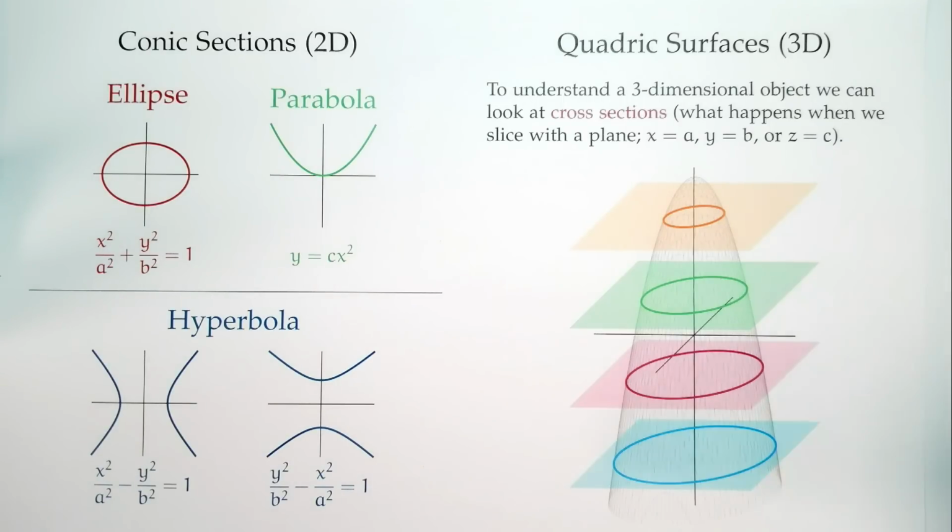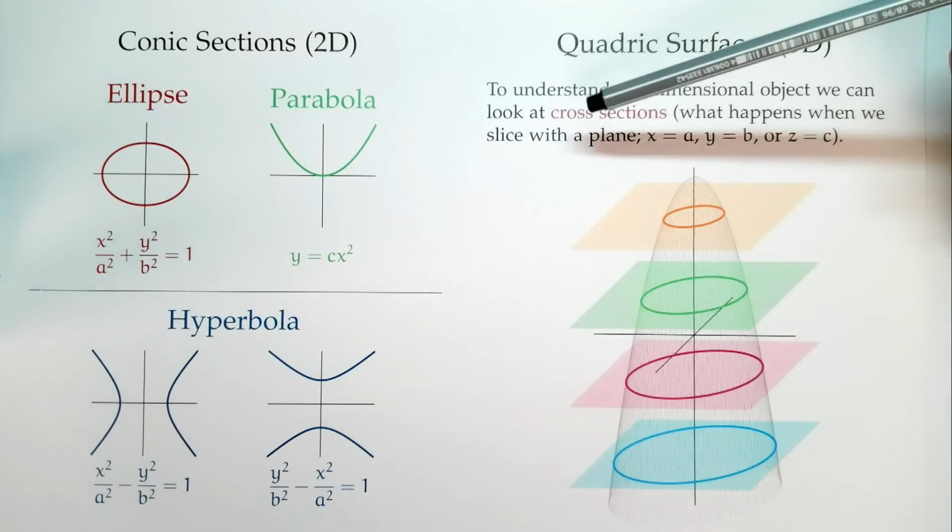So in particular here, I have this shape, and we'll talk about this shape in a little bit. But you can kind of see that it's almost like a parabola, but three-dimensional. And it's upside down. Suppose I wanted to understand what was happening. Well, the way I can do it is to slice it.